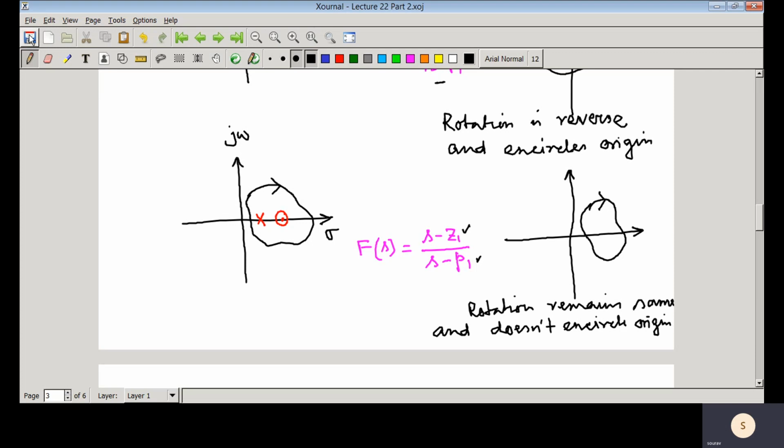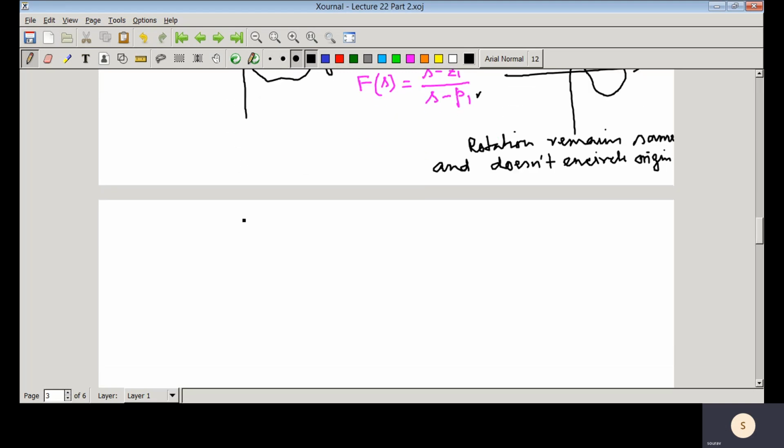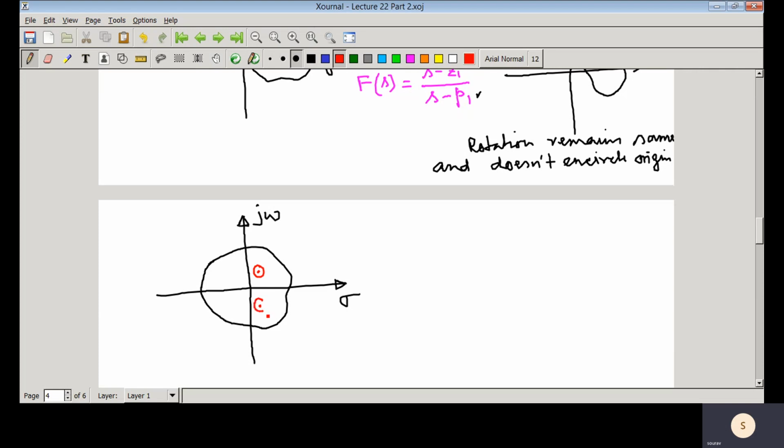Now let us see if there is a function which has some extra poles or zeros. Suppose we have a function here, this is sigma and this is j omega, and suppose we have a contour like this. Inside that contour, say we have two complex conjugate zeros here and here, and suppose one pole.